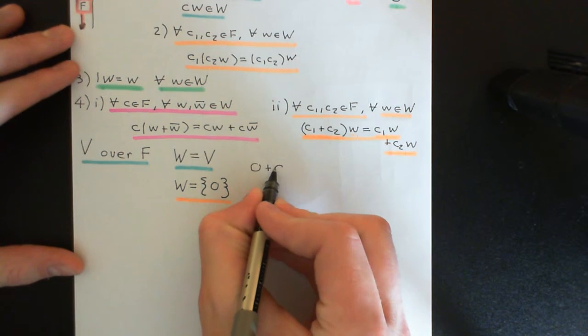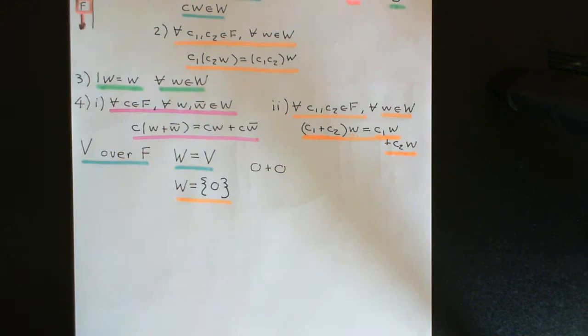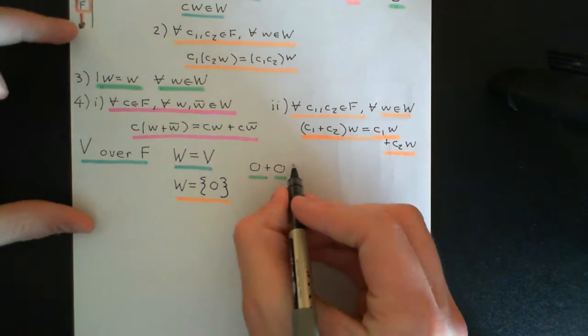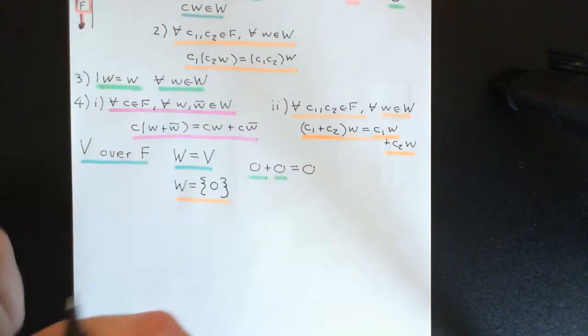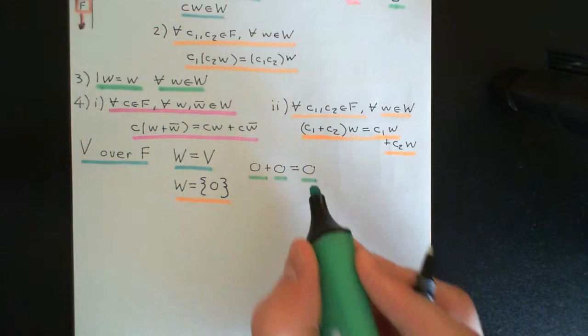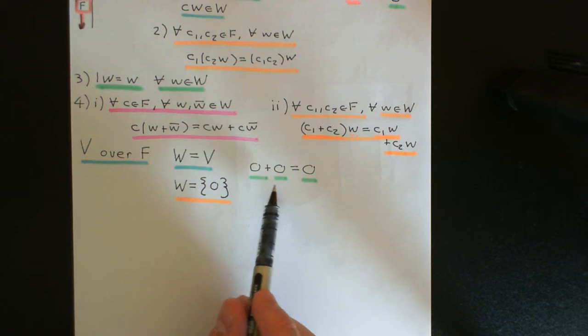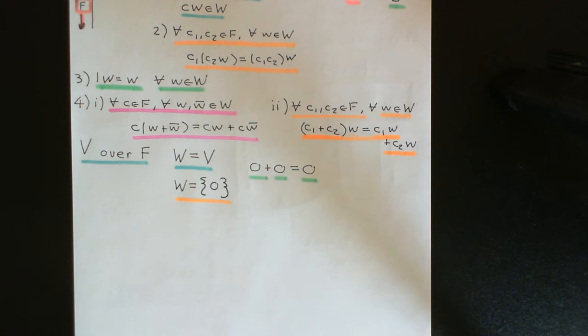But when I add the 0 vector to itself, I get the 0 vector back again, because the additive identity plus the additive identity is the additive identity. It does nothing. So indeed, we do have closure under addition.